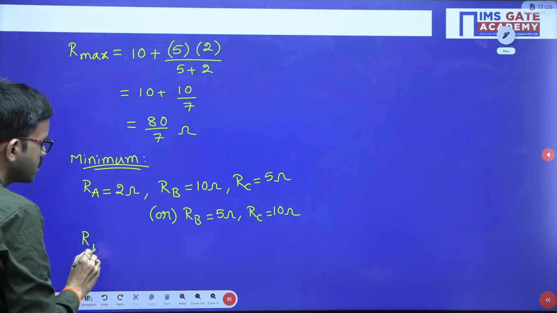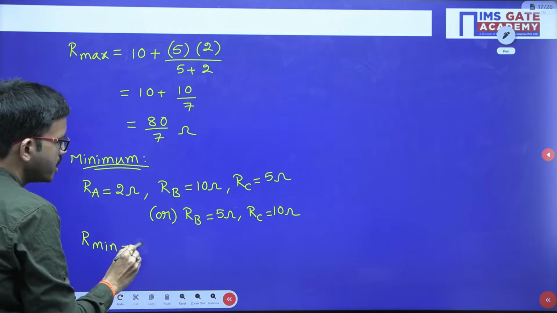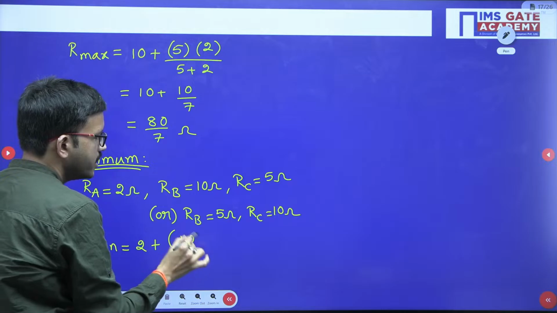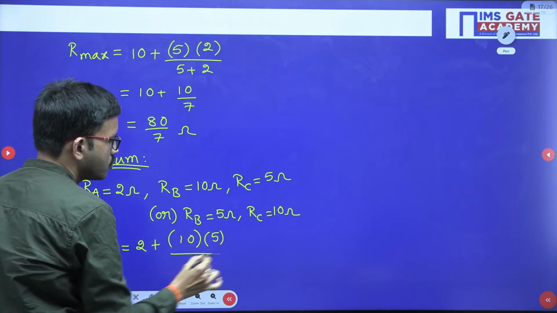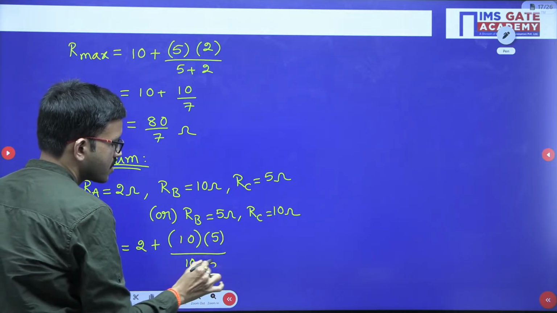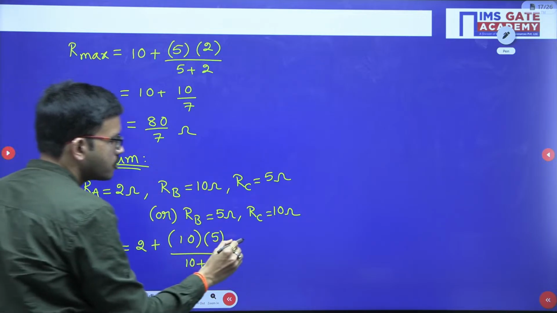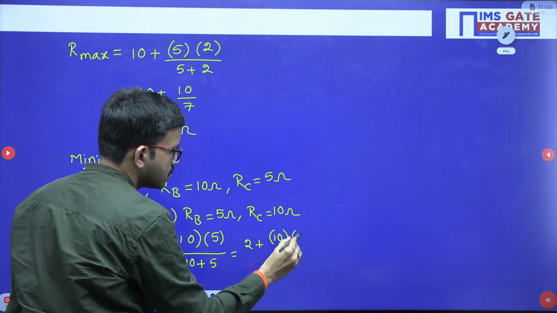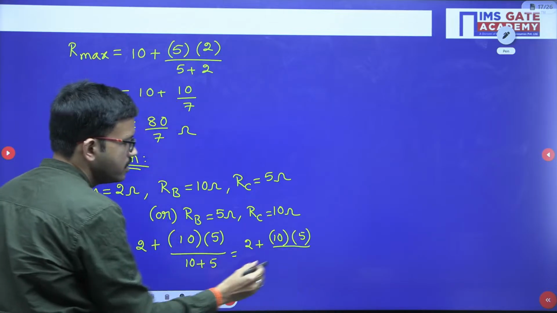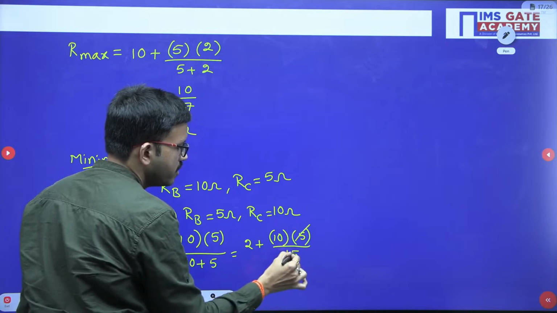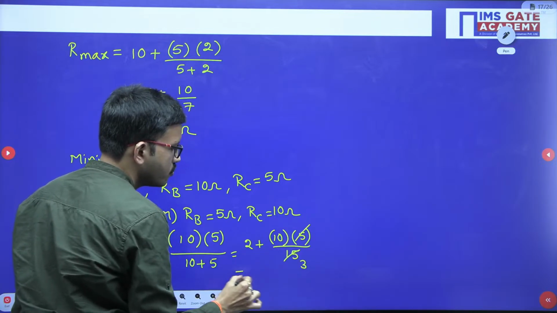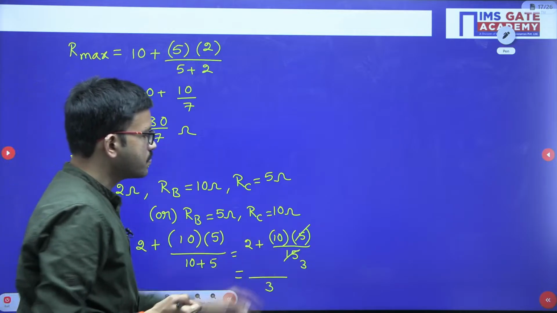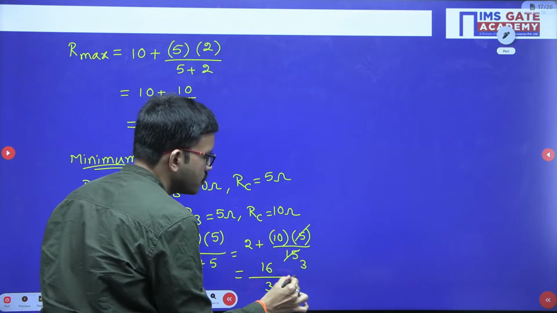R min is equal to RA value 2, then multiply these two, 10 into 5, and add those two, 10 plus 5. So you get 2 plus 10 into 5 divided by 15. Here 5 3 times. Further simplification gives denominator 3. 3 2s are 6 plus 10, that is 16. 16 by 3, the units are ohm.